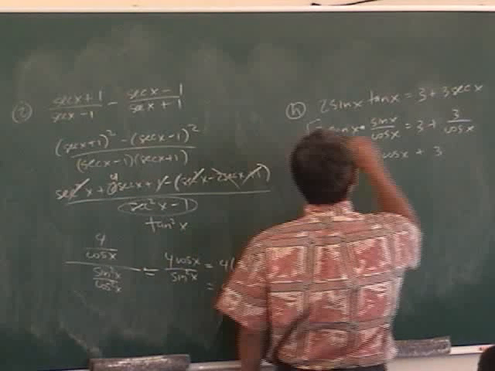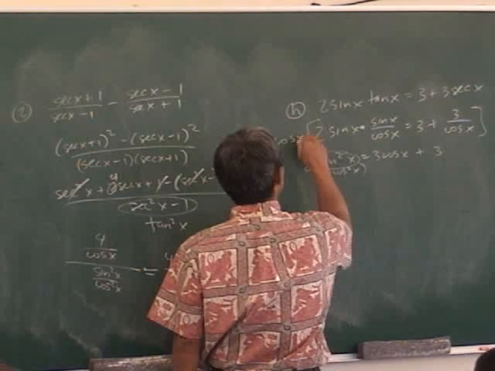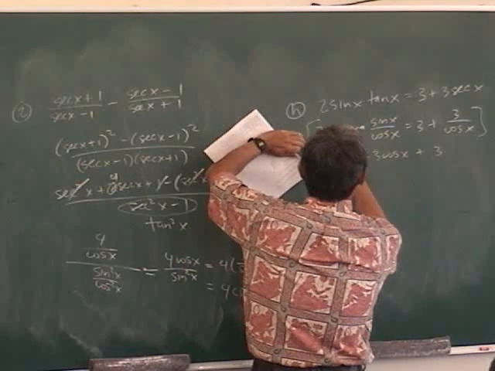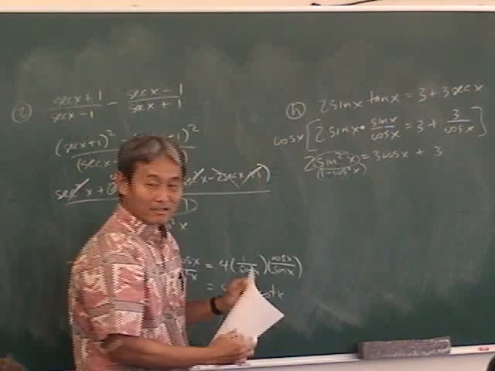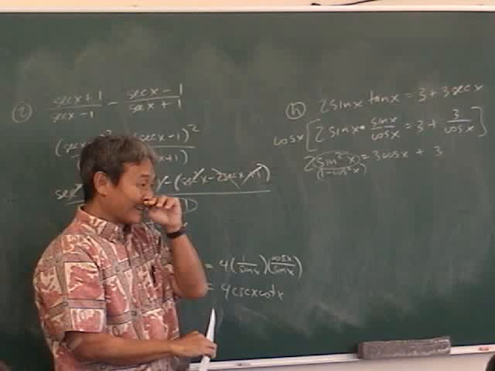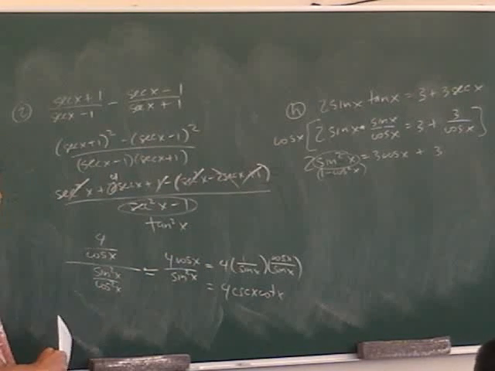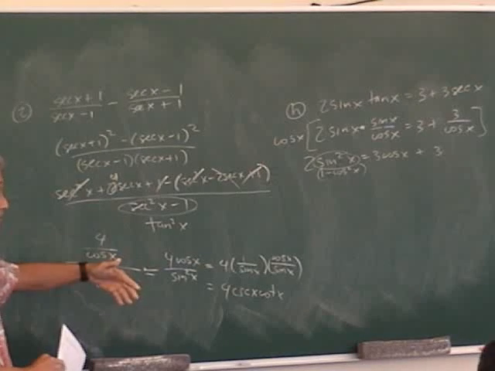If you multiply both sides of the equation by cosine x, when you times this, the cosines cancel out and you have 2 sine sine, which is 2 sine squared. This is multiplication. You can cancel.